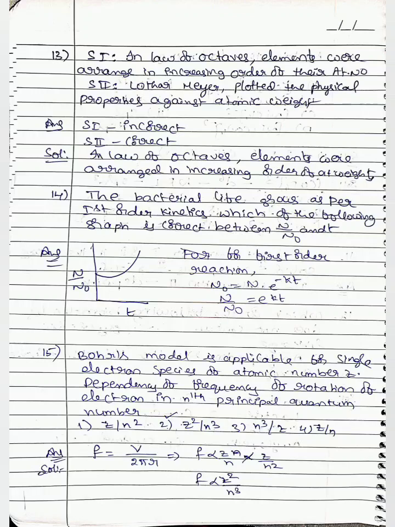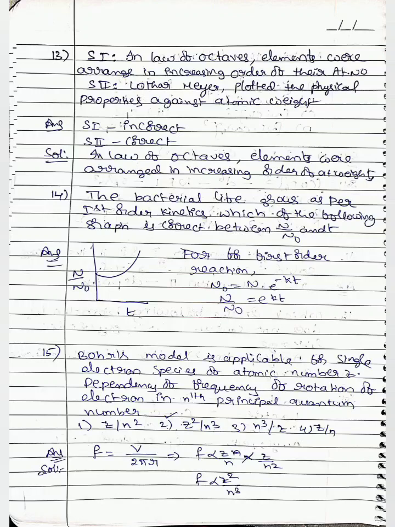The statement 1, in law of octaves, elements were arranged in increasing order of their atomic number. And statement 2, Lothar Meyer plotted the physical properties against atomic weight. Especially in the periodic classification chapter, rarely we get the questions from the very beginning topics, all these Lothar Meyer curves and Newlands law of octaves.